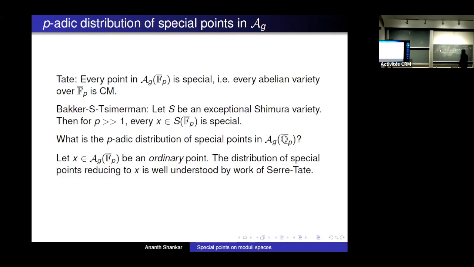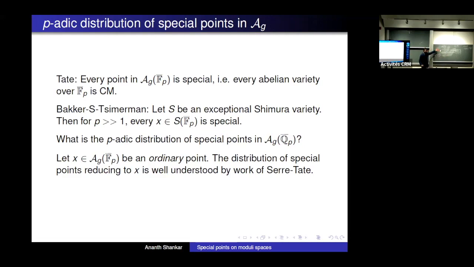Now, extremely beautiful work of Serre and Tate tells you exactly what the set of all CM points reducing to an ordinary point is. In the complex topology, your CM points are dense. In the P-adic topology, in this specific case, your CM points are going to be P-adically discrete. In fact, this disk is going to look like some sort of a torus, and your CM points will be torsion points of this torus.